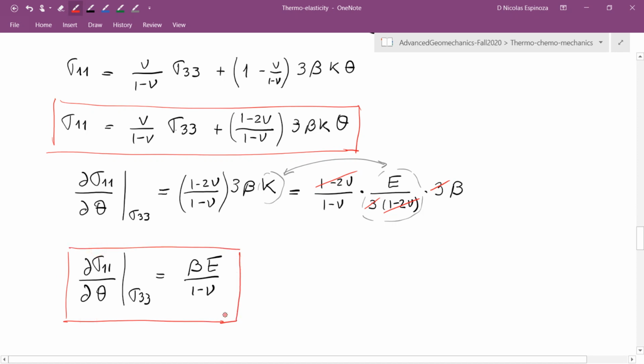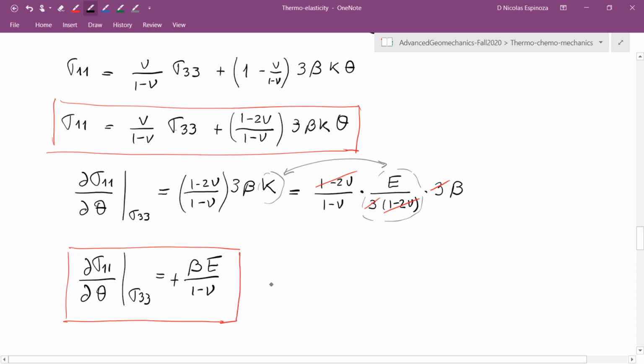Let's try to analyze a little bit what this equation means, and let's make sure that it makes sense. Okay, so since this is a positive amount, then this means that the change of stress is going to depend on the change of temperature with the same sign.